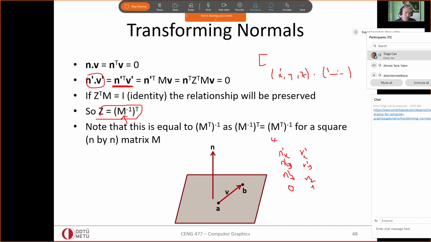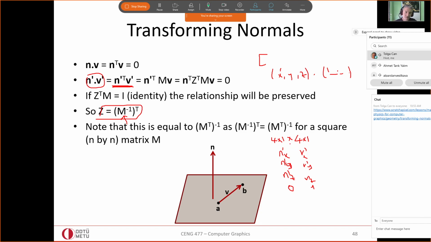Now, this is a 4 by 1 matrix, right? The normal vector is also 4 by 1. Can you write the dot product in terms of matrix multiplication? Can you multiply a 4 by 1 matrix with a 4 by 1 matrix? No, you cannot take the product.